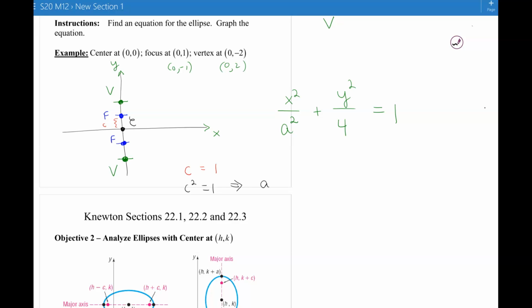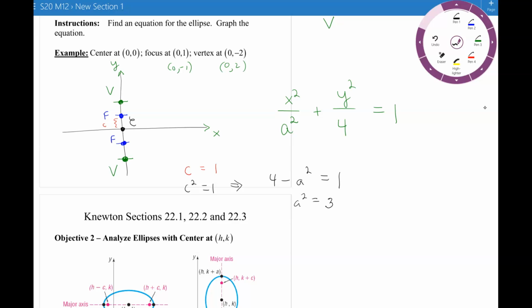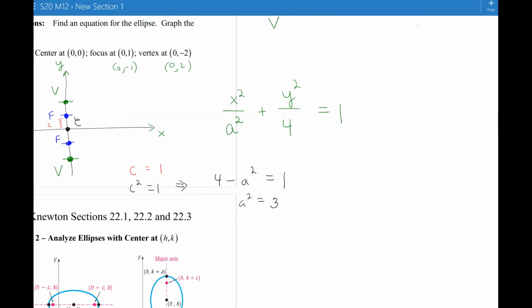So the difference in the denominators has to be 1. And we know the denominator under the y term is larger. So that tells us a squared is 3.